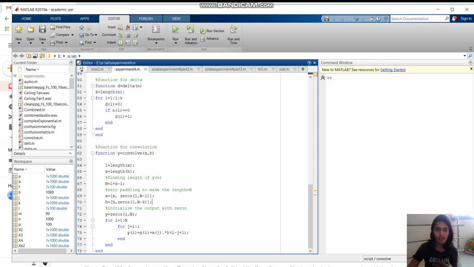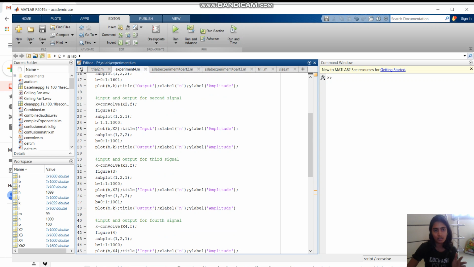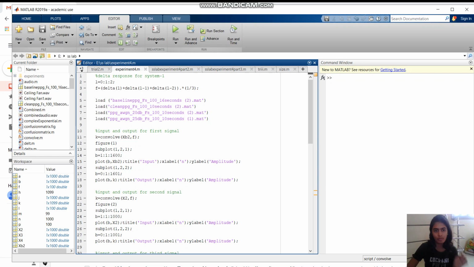And then I have used this function for padding zeros because we need an array of this length L plus K minus 1. So then I have convolved this impulse response and input signal to find the output of the system, and then plotted this for this system.